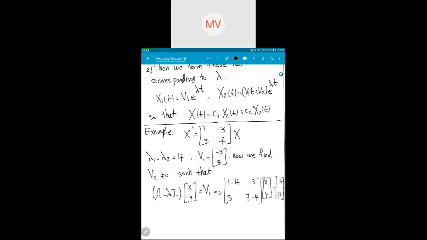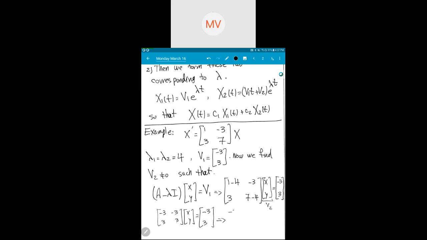In fact, we can check that. Now let's solve this. Whatever I find here satisfying this system, I'm going to call V2. Let's simplify that matrix: negative 3, negative 3, 3 and 3 times x and y equals negative 3 and 3, not 0, 0.